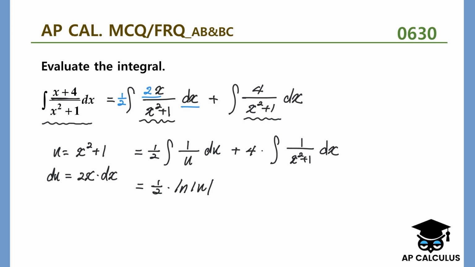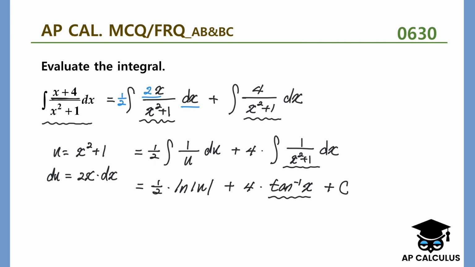Because the derivative of natural log u is equal to 1 over u. Plus 4 times, we have integral 1 over x squared plus 1. That's the derivative of inverse tangent x, right? Remember? So that's inverse tangent x, because the derivative of this is equal to 1 over x squared plus 1, right? So we have to add c.